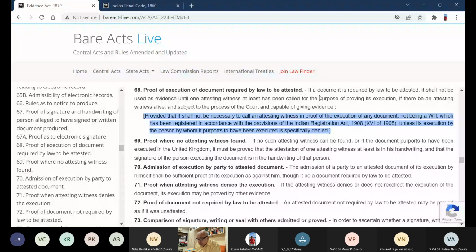Using the same analogy, section 47 says that when the court has to form an opinion as to the person by whom the document was written or signed, the opinion of a person acquainted with the handwriting is relevant. So a secretary of your grandfather will know his signature.